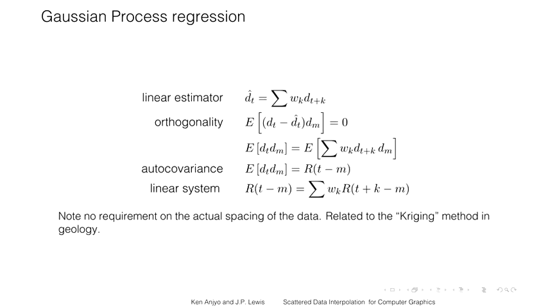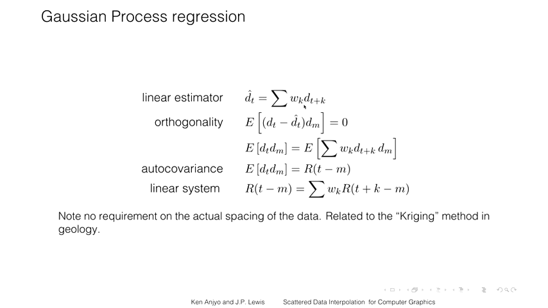So it's a very simple method, actually. This slide is a complete derivation of the estimation. We're leaving out the variance part, but this gives you all you need to interpolate. So this first line here, what we're going to say is that the estimated value at some location, we'll call it t, where the hat here means estimation, is going to be a weighted sum of the data values at surrounding points t sub k.